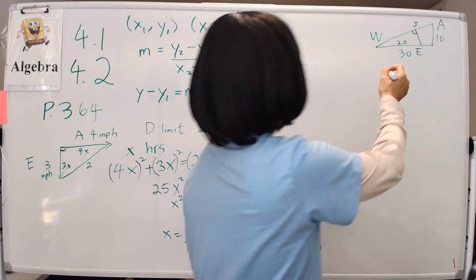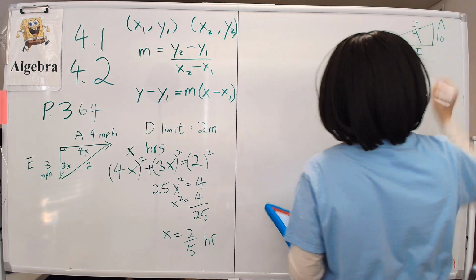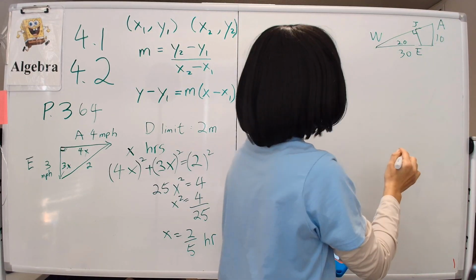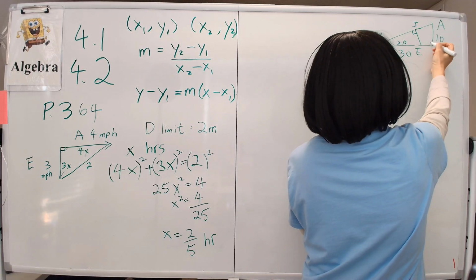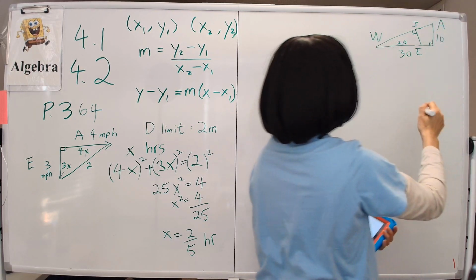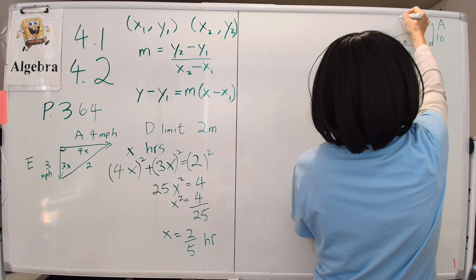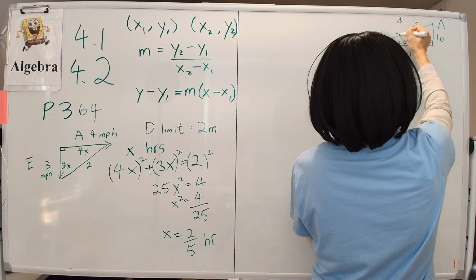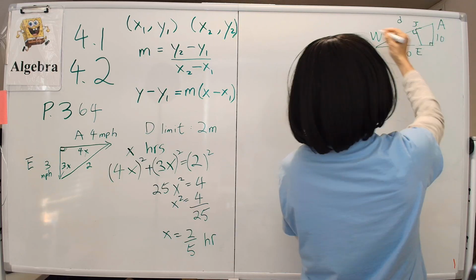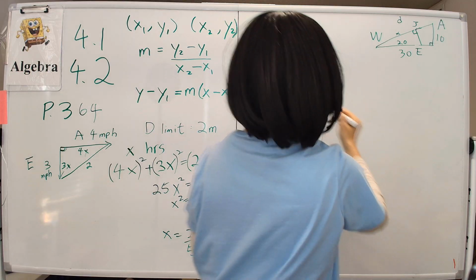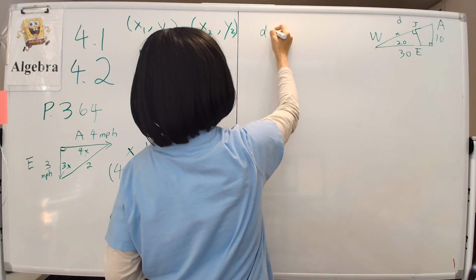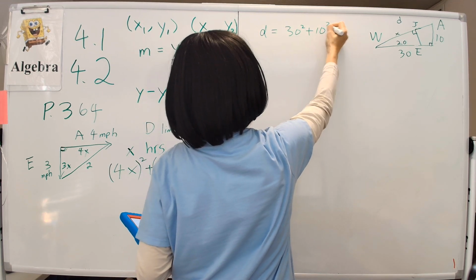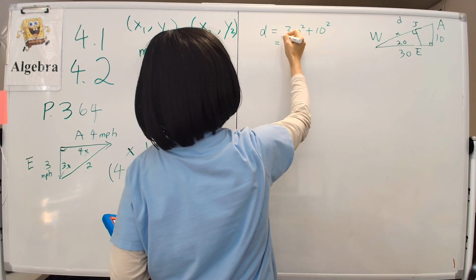First, the way this problem is normally done, in my experience, is that we calculate the distance from W to A. So that is this whole thing, which by the Pythagoras theorem of this rectangle, we'll call the whole distance D. And we'll call this thing, which is what we're looking for from here to here, X. So D squared equals 30 squared plus 10 squared.